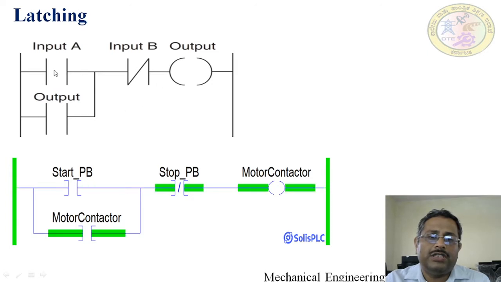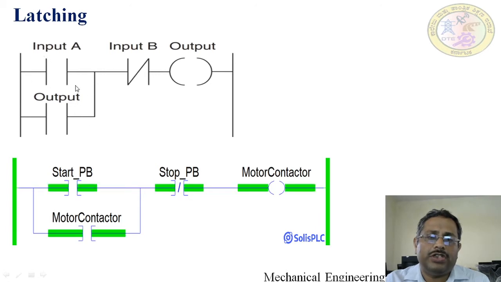See here, input A and input B are the two inputs, and there is an output. Input B is normally closed, initially it is closed, and input A is normally open. When I switch on input A, it will be closed and power will flow so the output will be energized. After that, the same output is connected in parallel to the input.